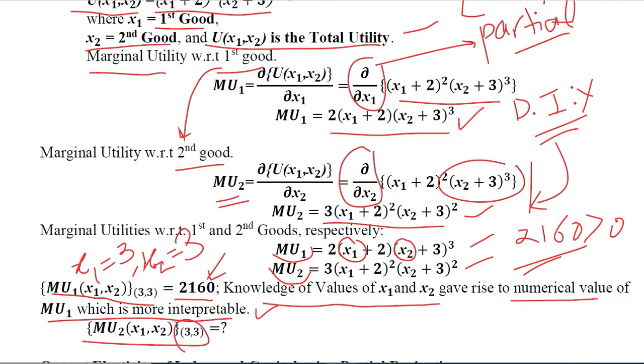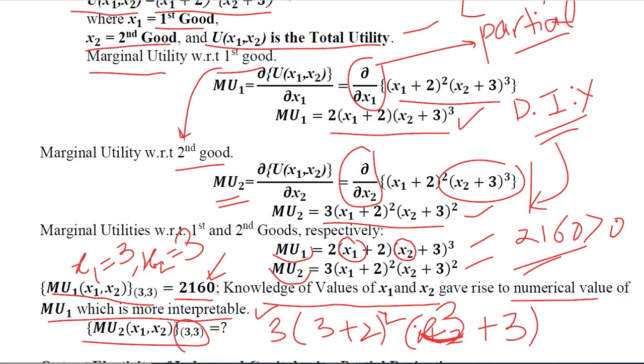So you can perform this calculation by putting the values of x1 and x2 in the expression of mu2. Here we'll substitute 3 plus 3 square.